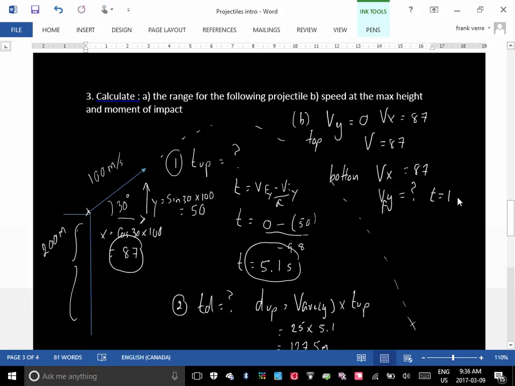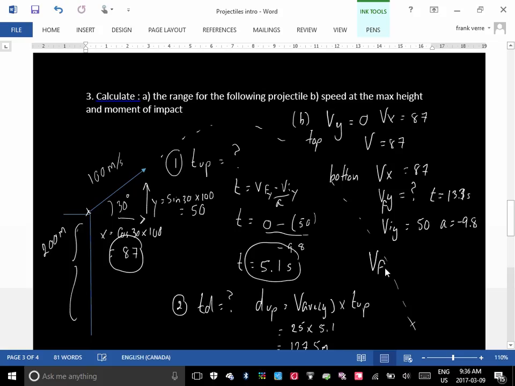What was the time again? 13.3 seconds. You know its initial speed up is 50, and you know the acceleration due to gravity is negative 9.8. How do you figure out final speed?